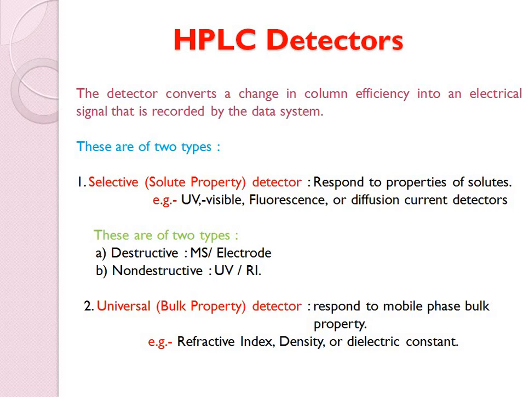In this we can recover our sample. Now in the universal or bulk property detector, we are analyzing the mobile phase depending on the bulk property of the compound. For example, the refractive index detector measures the density, or we are measuring the dielectric constant also.